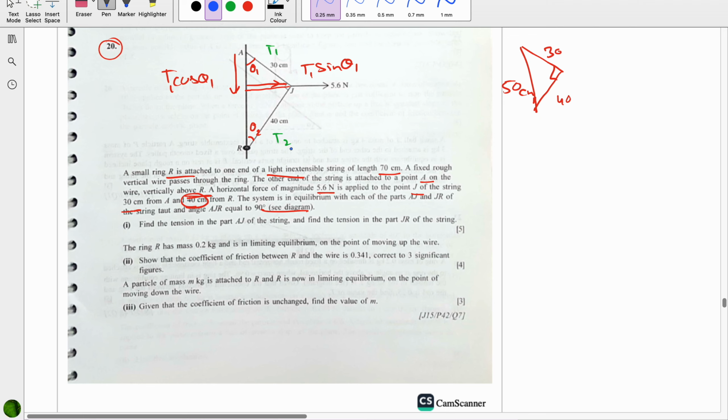And for T2, force is always away from the point. So this should be T2 cos theta 2, and this should be T2 sin theta 2. Any confusion till now?